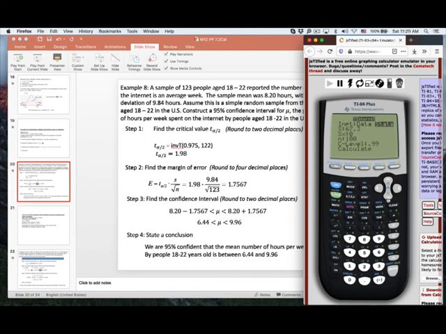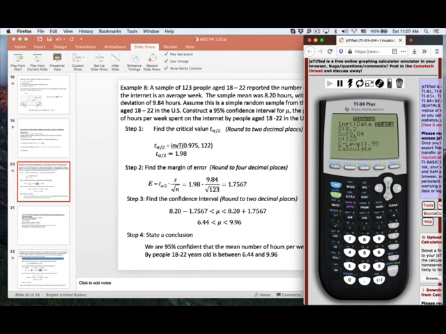So sample mean will be equal to 8.2. The S here is the sample standard deviation, okay? Make sure the question gives the sample standard deviation. That will be 9.84. Sample size is 123. And we are working on 95%, so 0.95.